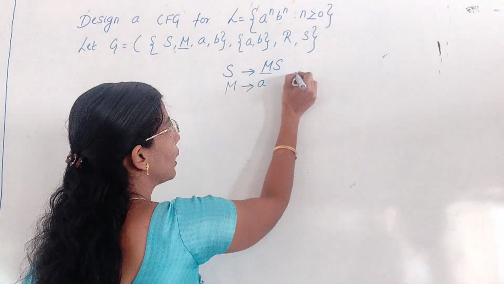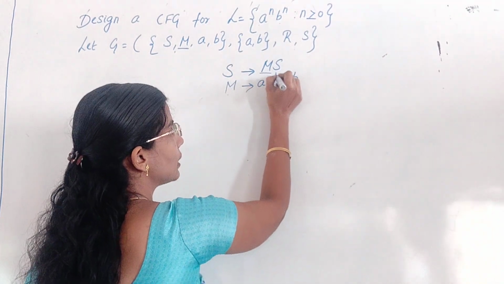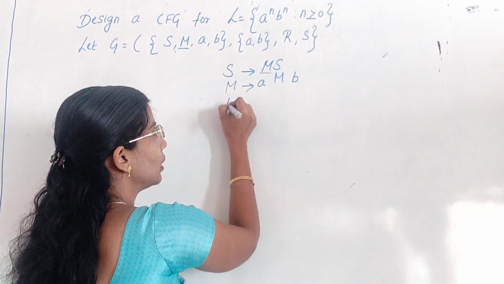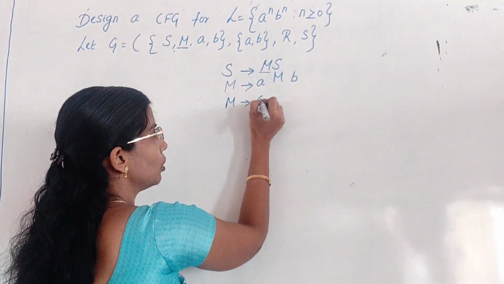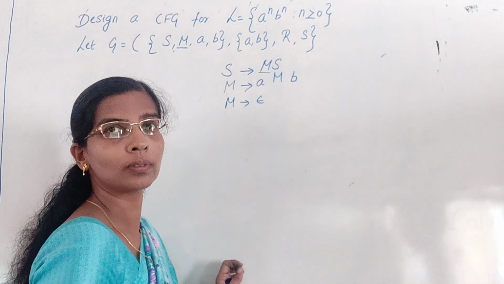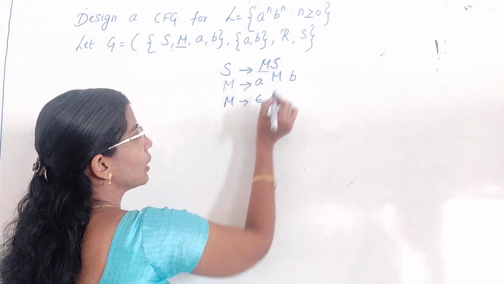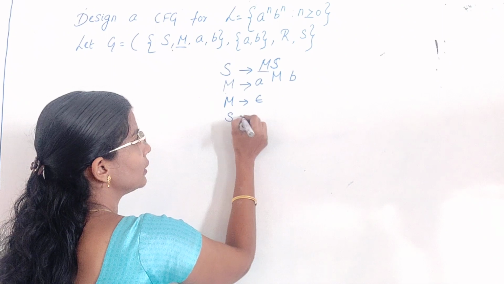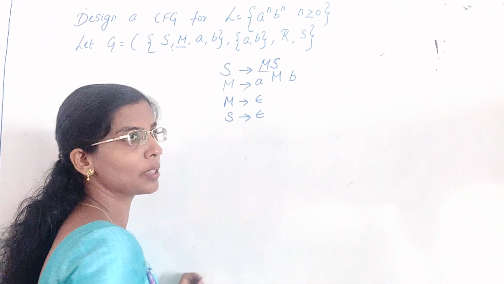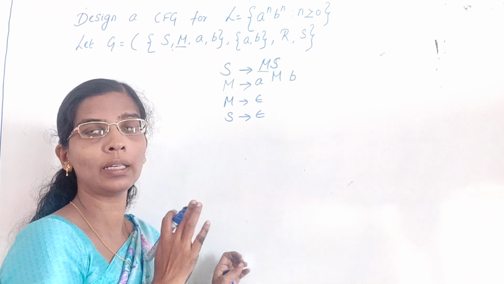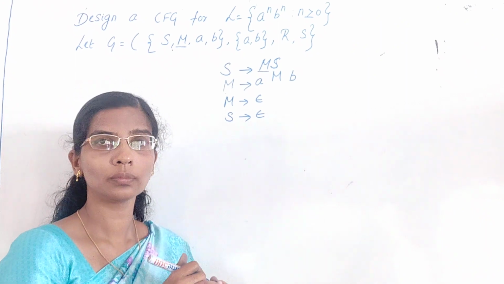So I write A, M, B, where I write this M here. And to stop this, M tends to epsilon. Right? Now what about this S? If I want to stop that S, it is S tends to epsilon. Right? So this is your final grammar. Thank you.